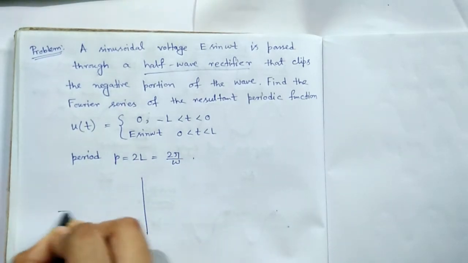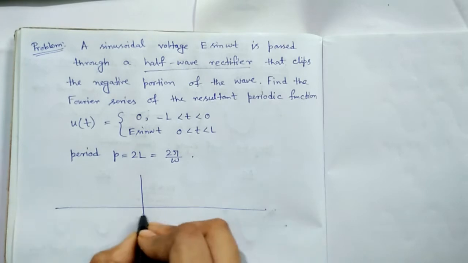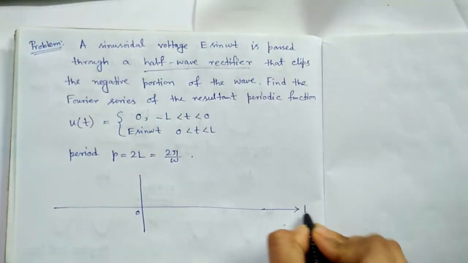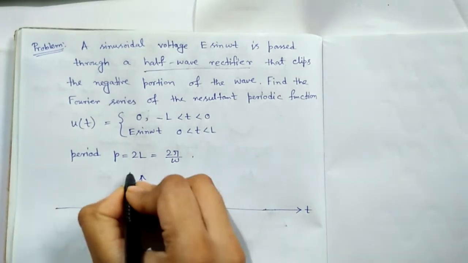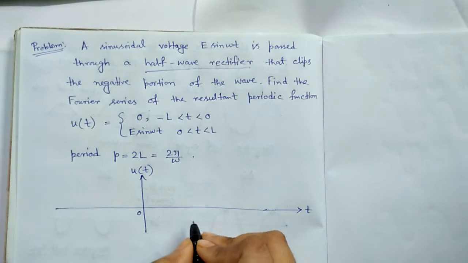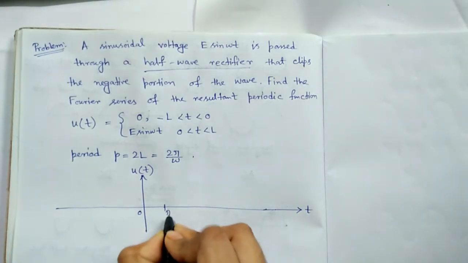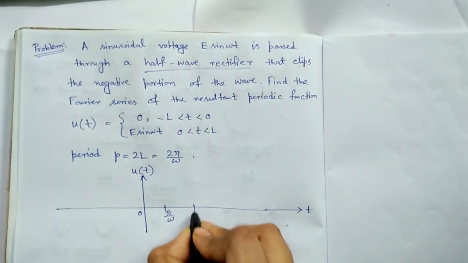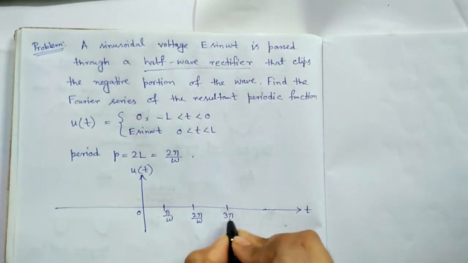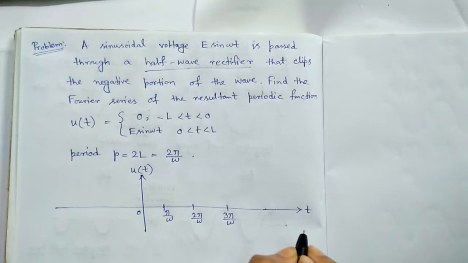So, the graphical representation of this function is like that. This is 0, this is time t, this is u(t), and now this is pi by omega, 2 pi by omega, 3 pi by omega, and so on.